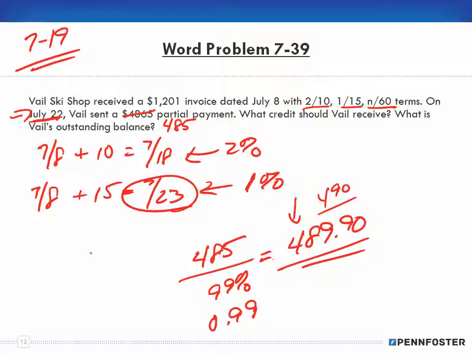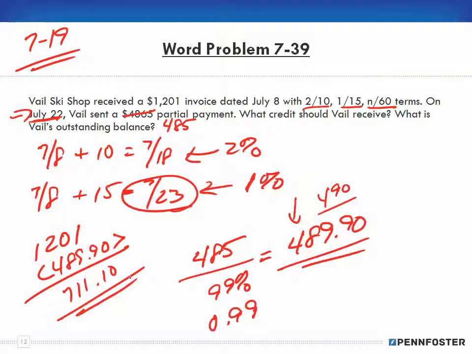Okay. And to find out what my outstanding balance is, I take the $1,201 and subtract the $489.90, and that gives me a balance of $711.10.